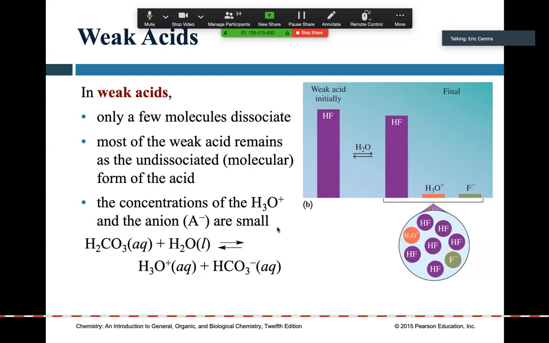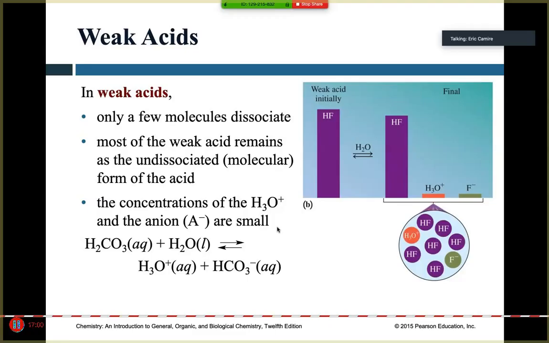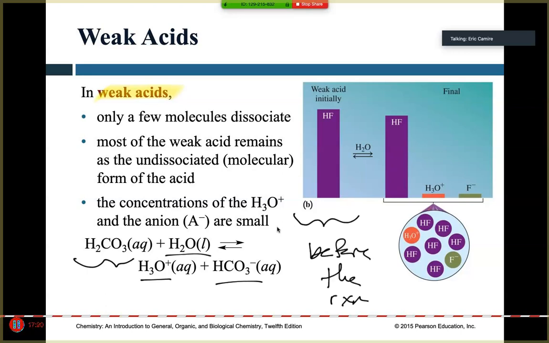And if we did the same thing visualizing weak acids, the contrast is very stark. So again, a weak acid. I'm going to take that carbonic acid here. So there's my weak acid, there's my base, forms hydronium, and then whatever, we'll talk about it in a second, it's called the conjugate base. But if I start, again looking at the figure on the right, this is before the reaction. Everything's in the form of hydrofluoric acid, or HF.